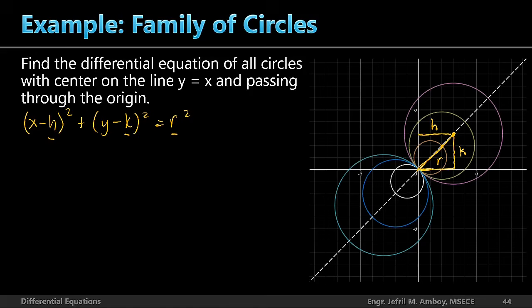So, we now have a right triangle involving K and H as the legs and R as the hypotenuse. Okay? And, of course, since we have a right triangle, we can use the Pythagorean theorem. So, we can relate the three. H squared plus K squared equals R squared.